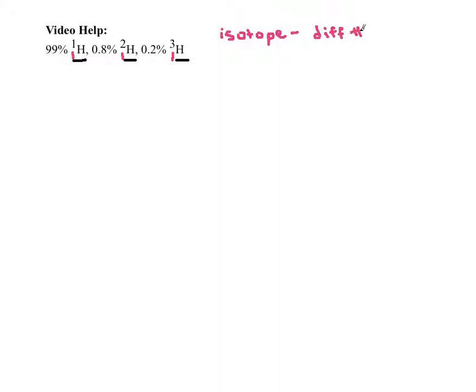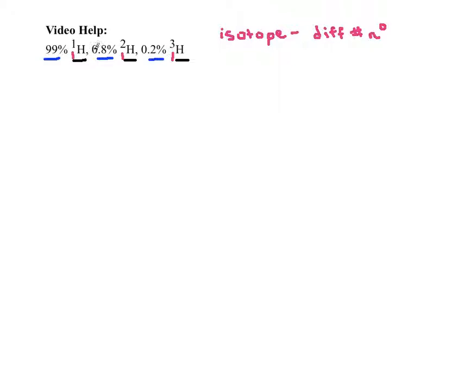If you notice on the periodic table, the average atomic mass, which we're about to calculate, is a decimal, and that's because we're going to find the weighted average of all of these based on their percent abundance. So 99% for this one, 0.8% for this one, 0.2% for this one, and then we will calculate their average atomic mass based on that.